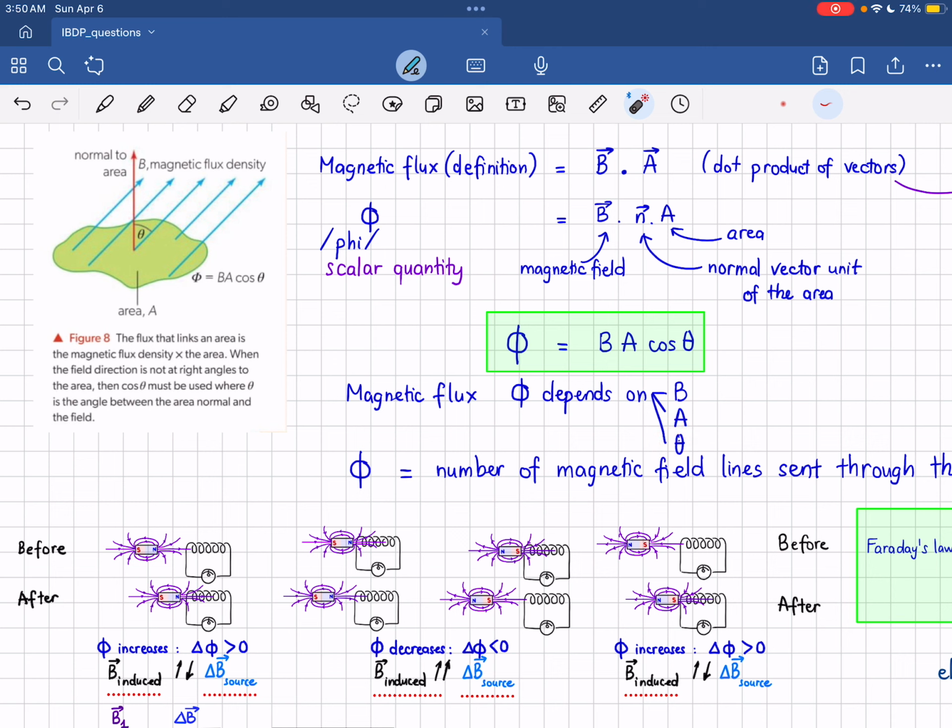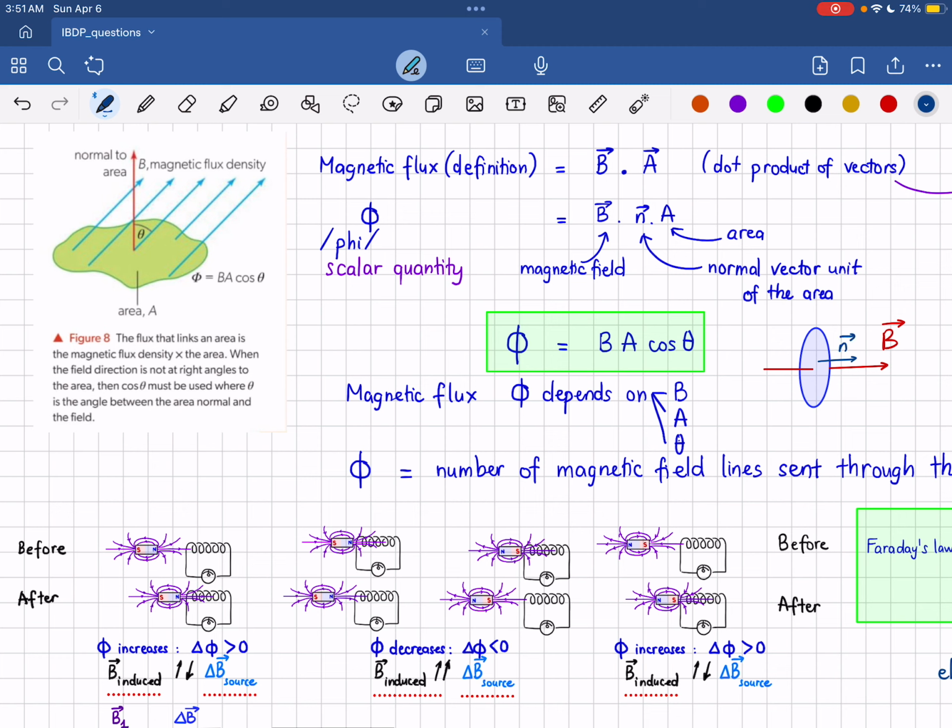So if you have B pointing this way, let me draw an example here. If you got a circle like this, and the magnetic field penetrates through it like this. Oops, my bad. Okay, so you see that for now we also have the normal vector this way, right?